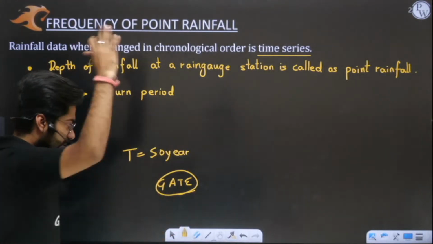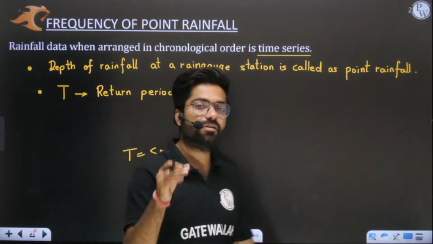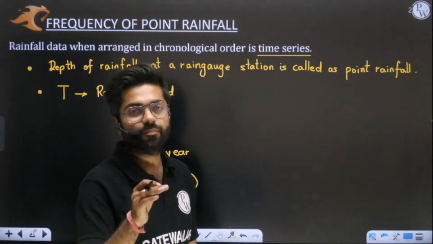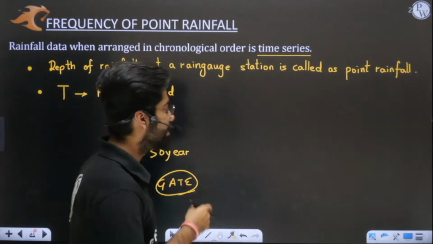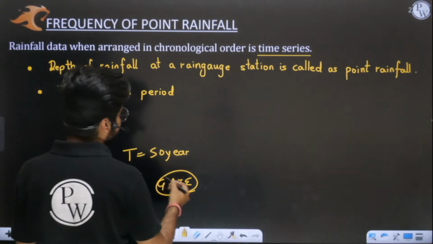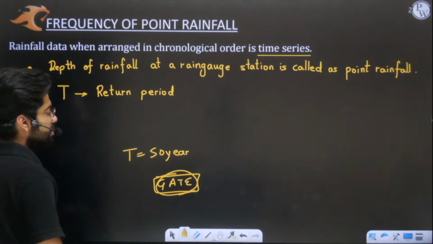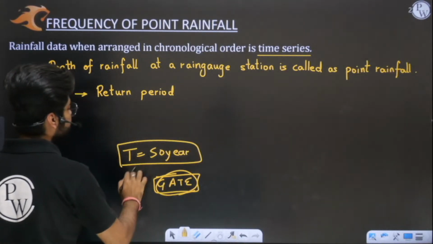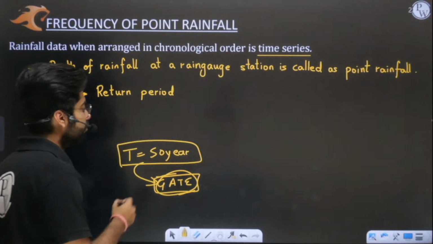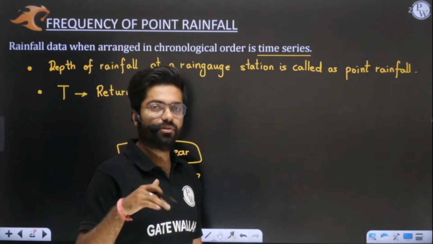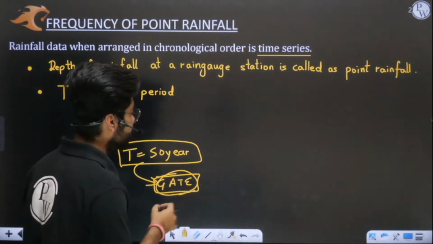Let me crack a joke here: let us assume that you will crack GATE once in 50 years. So the return period of your qualifying GATE is 50 years.